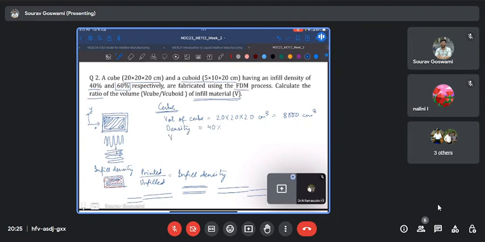So the actual volume which I have extruded or used for printing is actually 40% of this. The remaining 60% is void or pores. Yeah, 40% of 8,000, which is 3,200 centimeter cube.